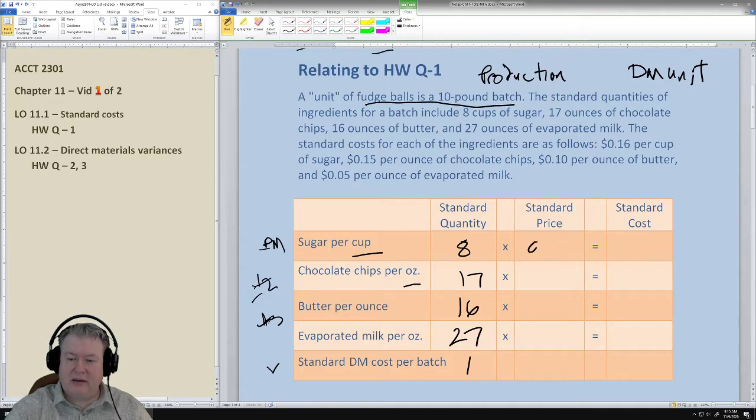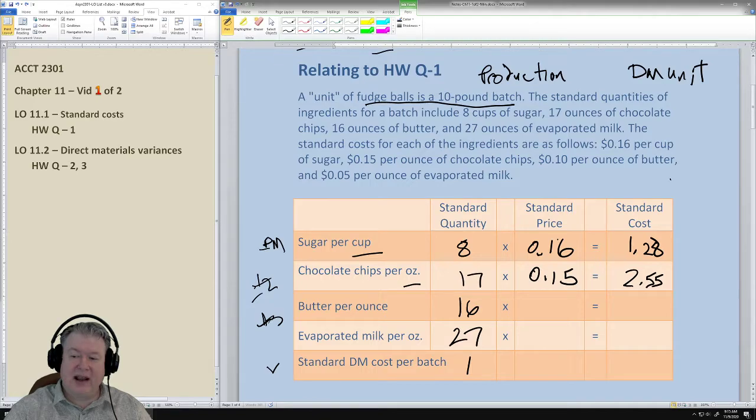This is 16, 15, and so forth. And you just multiply this out. I've done it, but I'm not going to write it all down. So 128, 255, and so you would say the standard cost of this material for one batch is this amount. But the standard price per cup is 16 cents.